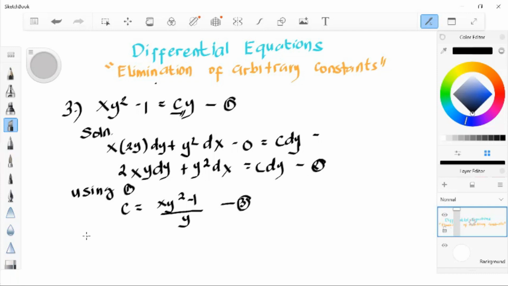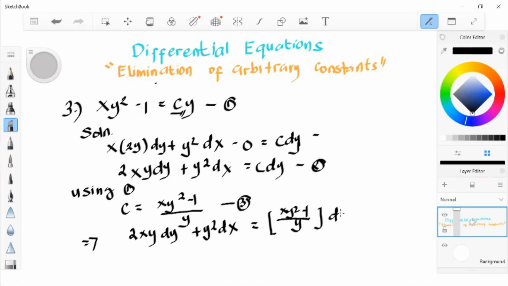So to do that, that is 2xy dy plus y squared dx, which is equal to c dy, and the value of c is nothing but xy squared minus 1 over y multiplied by dy.